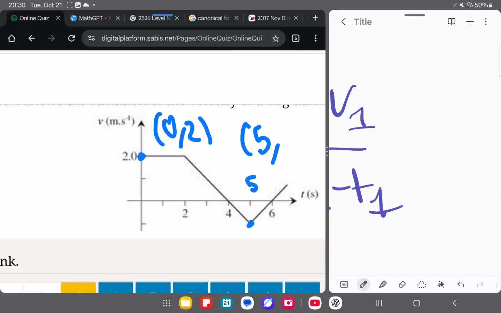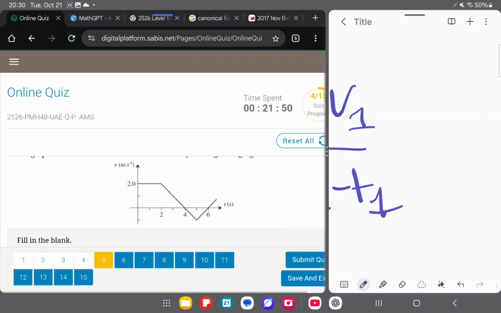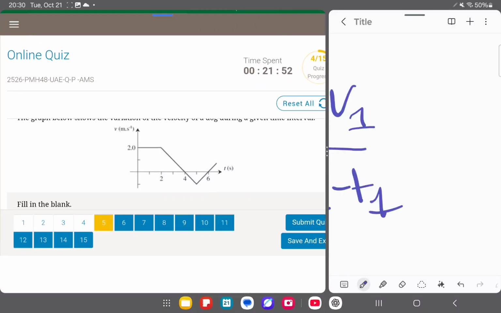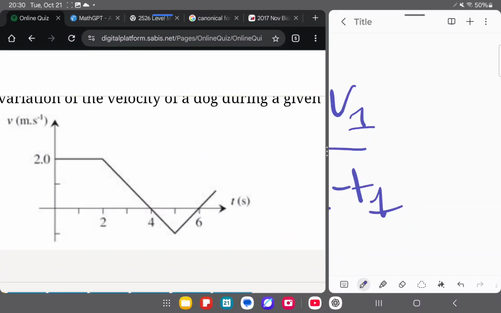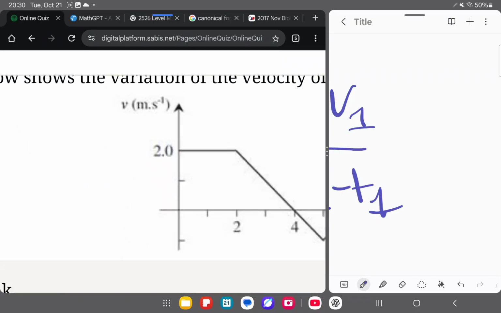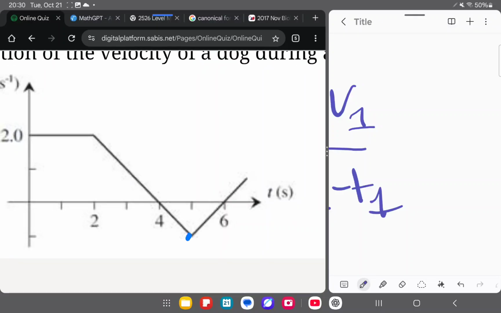They didn't really state anything about what this bottom value is. But they gave us that if this is 2 over here, and this is 1 in the middle, then this over here is minus 1. So the y coordinate here is minus 1, and the x coordinate is 5. So we have t2, v2 as 5, minus 1, and we have 0, 2.